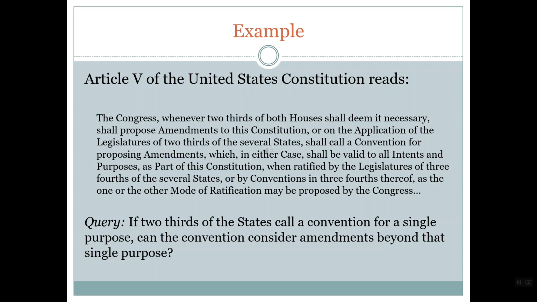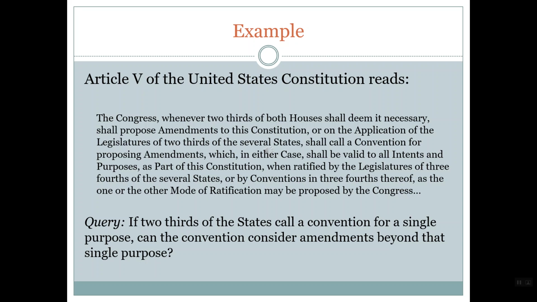Article 5 actually does allow for Congress to propose amendments, but it also allows for the states to, quote, call a convention for proposing amendments. And the text of Article 5 is here on the slide. So the question is, if a state were to simply say, we ask for a convention to deal with a single topic, can the convention be limited to that topic?